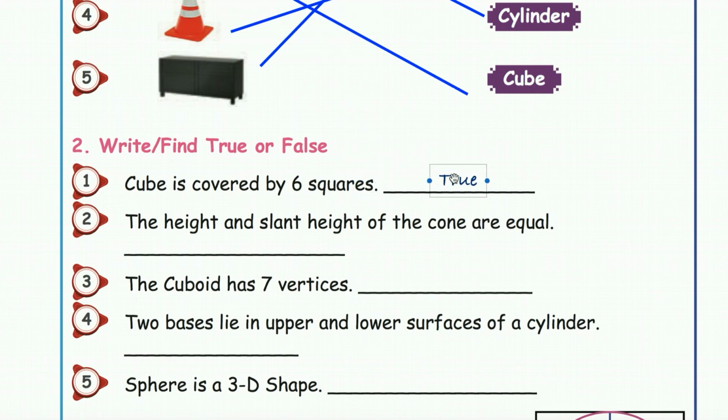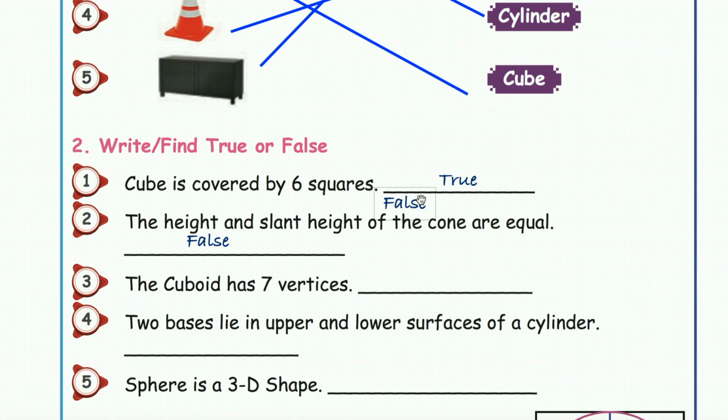This is true. The height and slant height of the cone are equal. Who told you? False. The cuboid has 7 vertices. The vertices for cube and cuboid are equal. That is 8, right? How come he got 7?